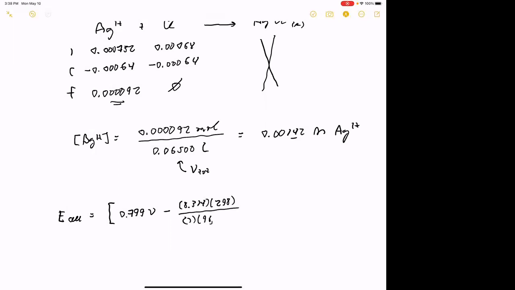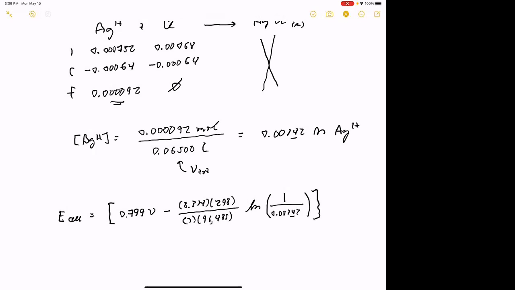Faraday is 96,485. Okay, so all that turns into volts, times the natural log of 1 over the silver ion concentration, if you'll remember. Okay, so that's your 1 over 0.00142.